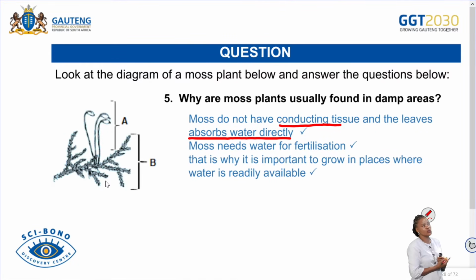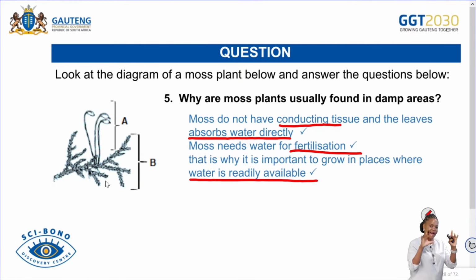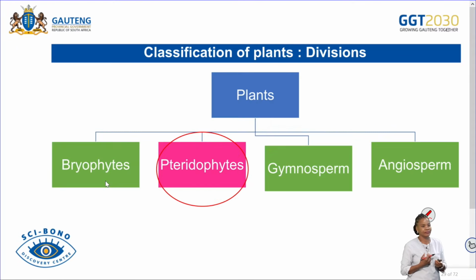And moss needs water again for what? For fertilization. So it is important to grow where water is readily available. In other words, water should always be available. Number 1, for reproduction to take place. Number 2, so that water will be easily absorbed by what? By our leaves.